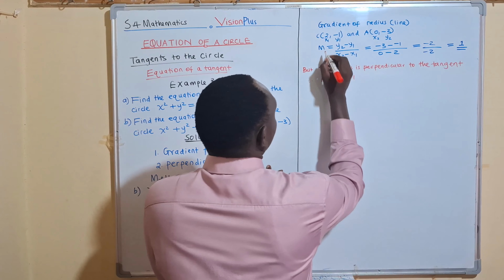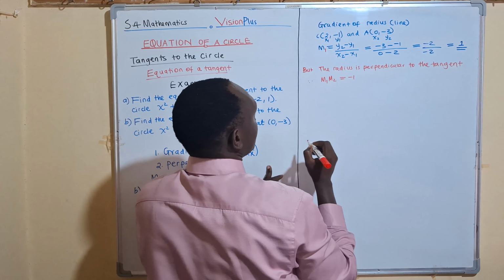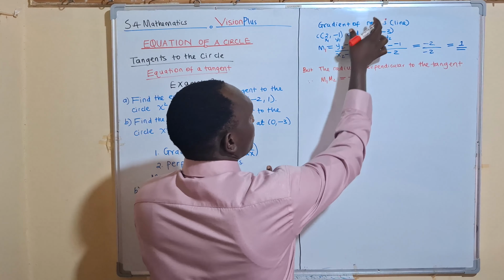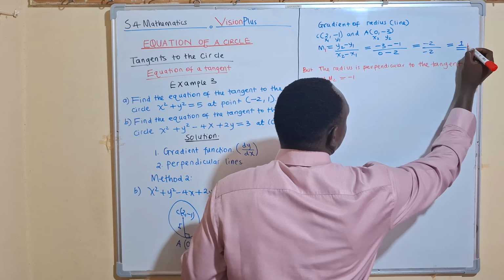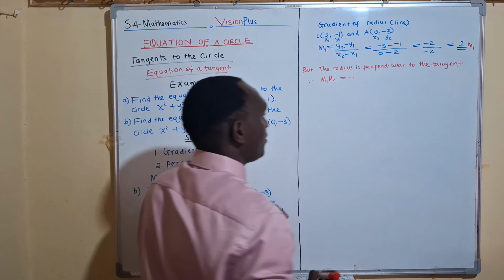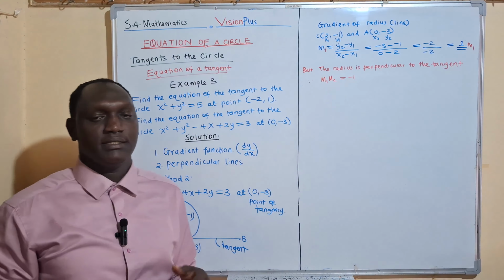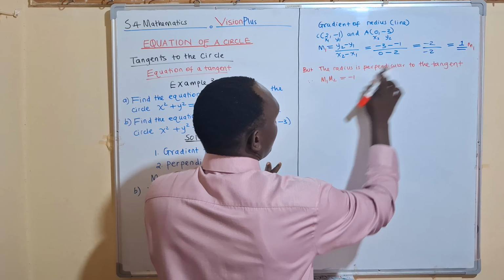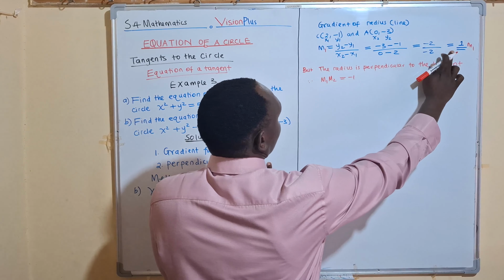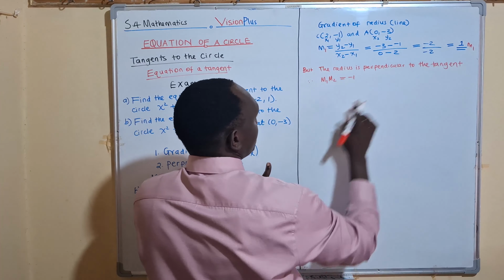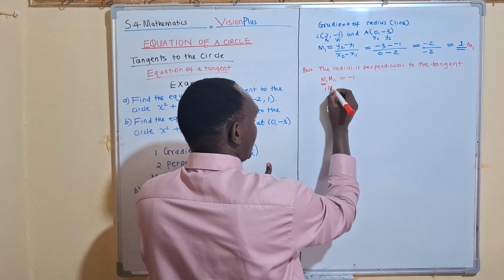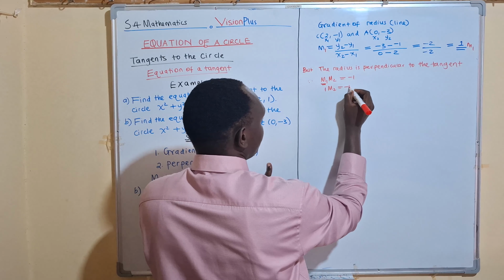Let me call this one the first line. So M1 is the gradient of the first line, which is the radius. In that case, this is my M1. And now my M2 is going to be the gradient of the tangent. So let us substitute now for the gradient of the radius, which is M1. Therefore, if I put here M1 as 1, 1 times M2 equals -1.